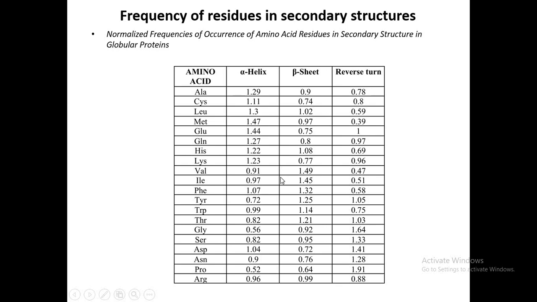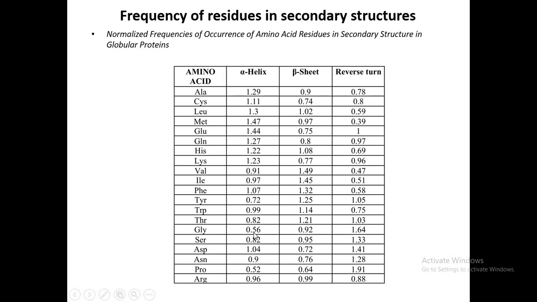So here we can see which amino acid has the least probability of being found in the alpha helix.